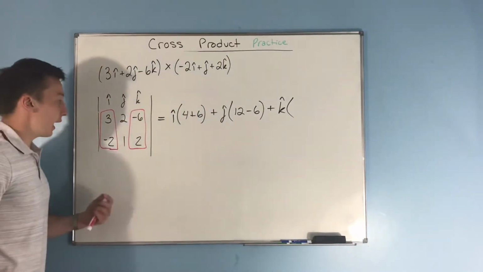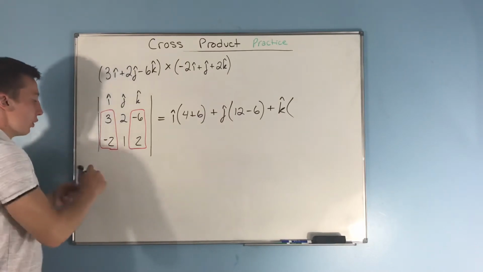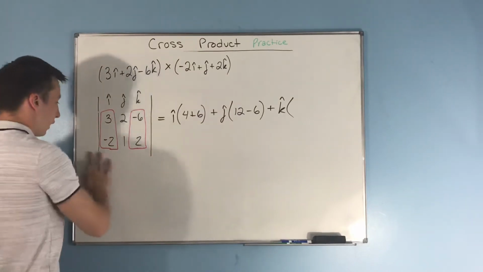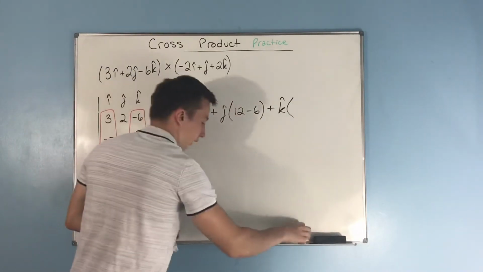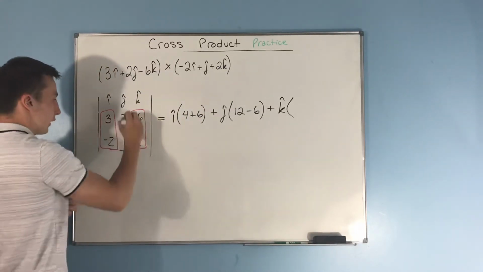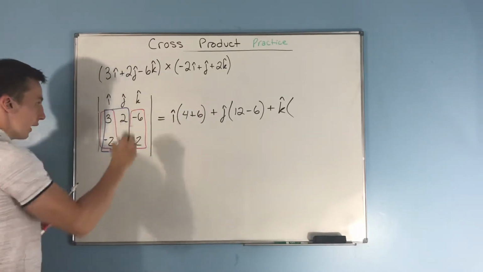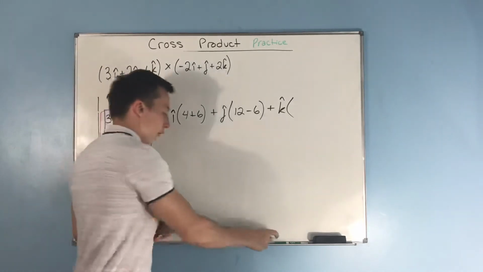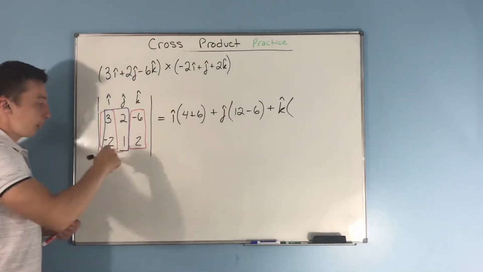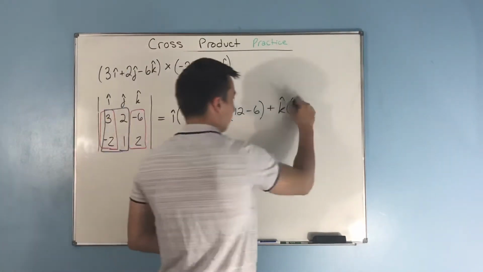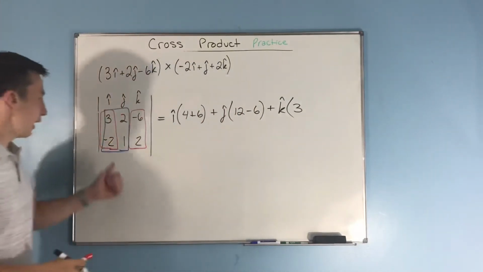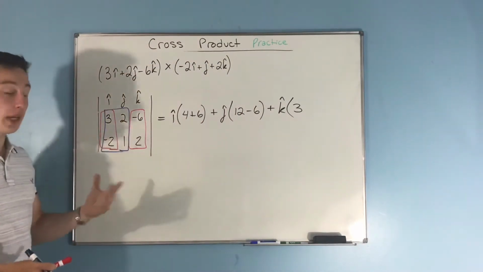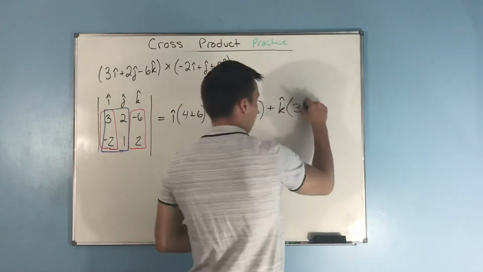Now you have a plus k hat, and we're going to have the 2 by 2 matrix that does not include the k hat column. So we have 3 times 1, which is 3, and then minus negative 2 times 2, which is negative 4, so that becomes a plus 4 right here.